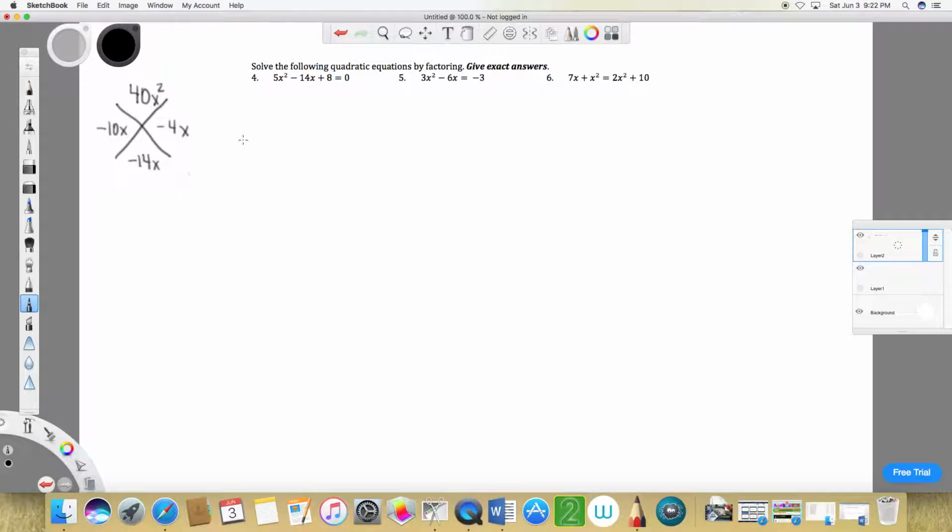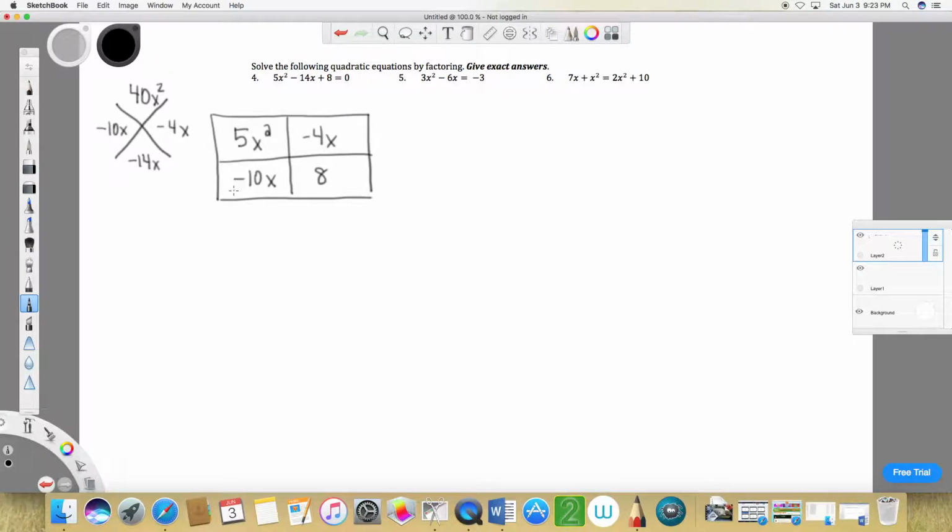So we put this information in the form of a table. Within the table, we fill in the diagonals. The one diagonal, we put the first term and last term of the original equation. Then the other diagonal, we put the values that we found in the x. And we factor these.